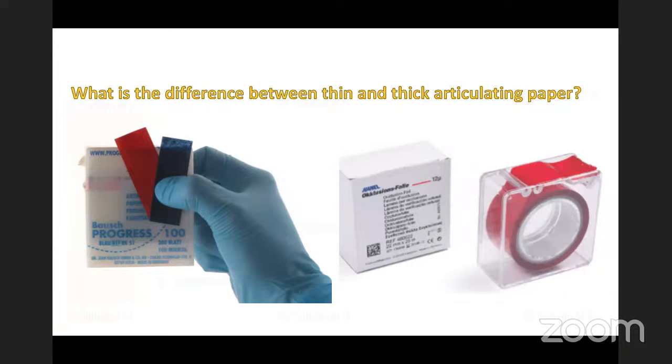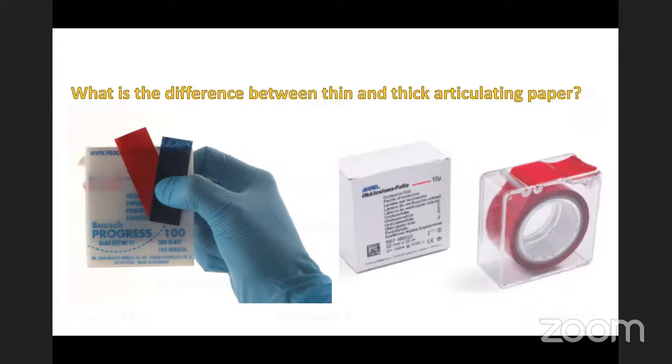Usually, the thinner the articulating paper, the more precise the marks will be. That will generate less uniform and larger area of occlusal paper points, while a thicker one will give a broader occlusal area.